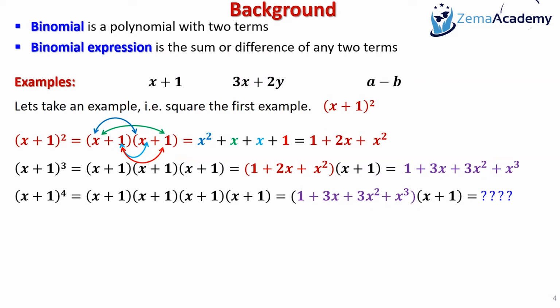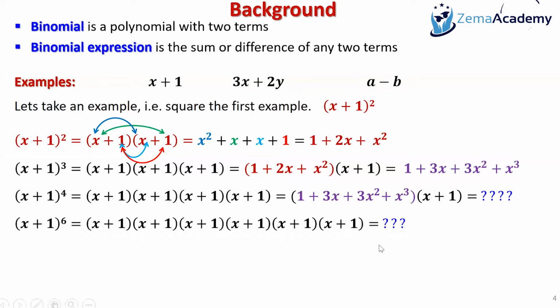But do you think that if I keep on increasing my power and I keep multiplying by this, would it be easy or would it get difficult? It would get difficult. Yes. So if I have got x plus 1 to the power 6, it will get even more cumbersome.